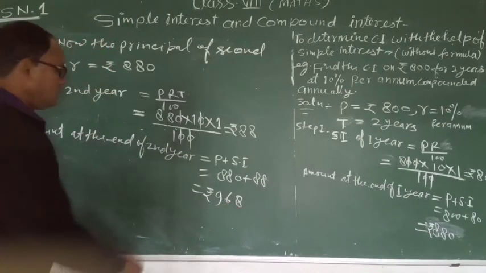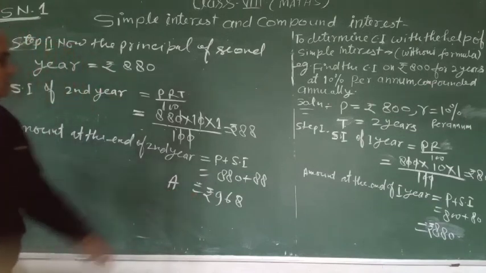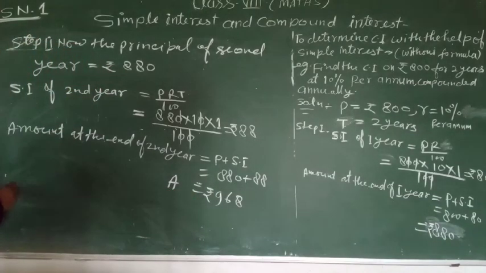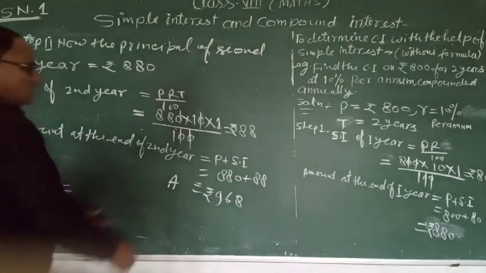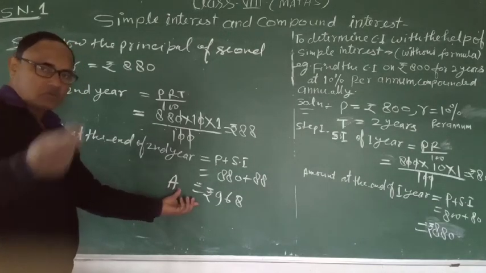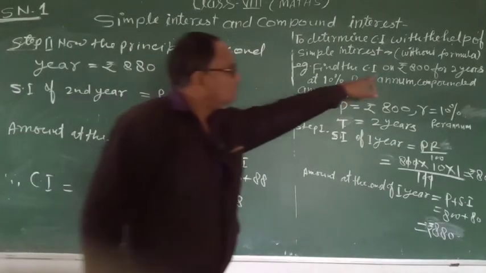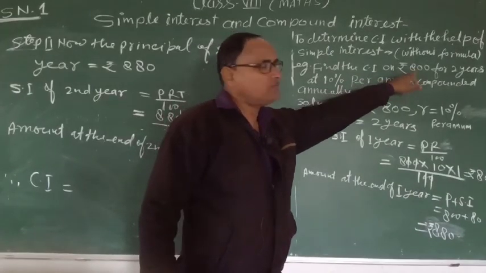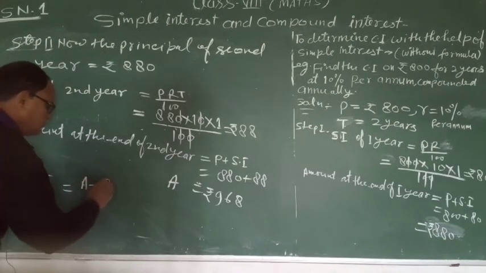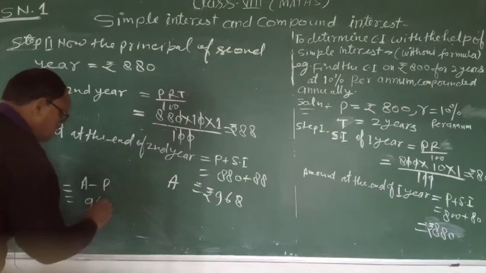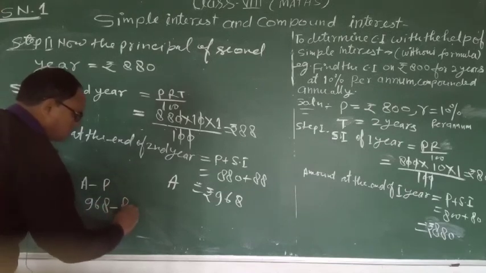Okay, here A is equal to last amount, and therefore compound interest will be here last amount A after 2 years, and in 2 years principal money is 800. Here A minus P is equal to 968 minus 800.